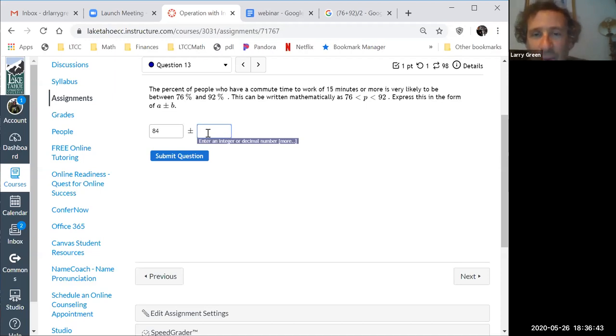And the other way is to take 84 minus 76. And whichever way you do, you have to get the same answer because it's a midpoint. If you take 84 minus 76, it's 8. If you take 92 minus 84, you still get 8.